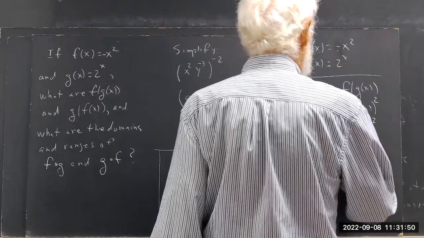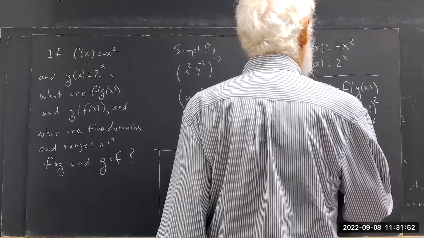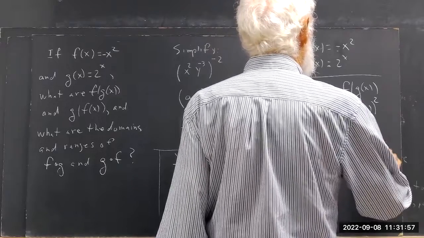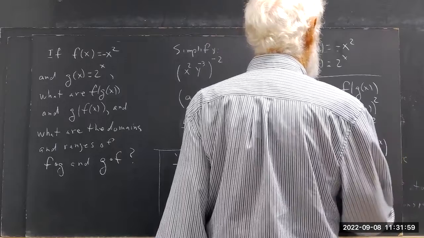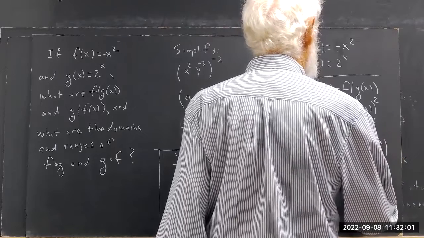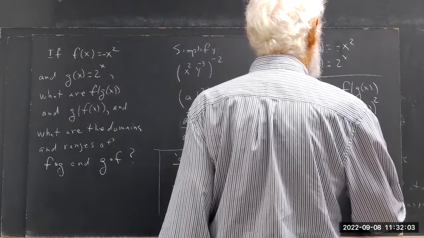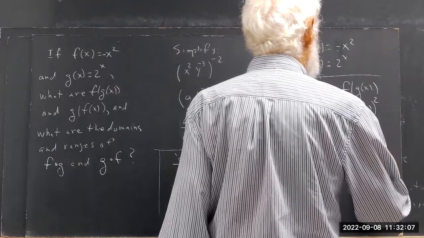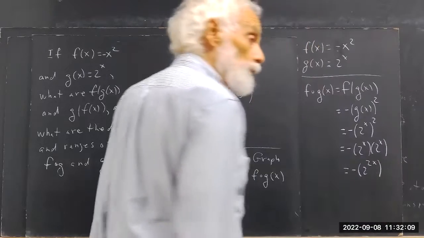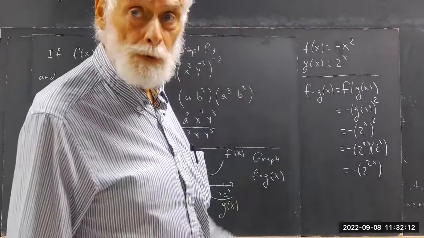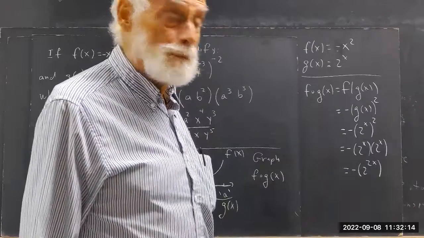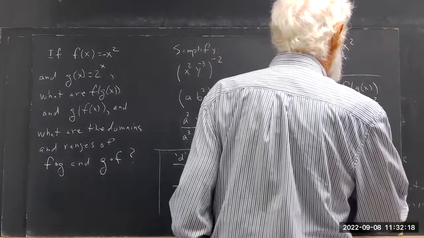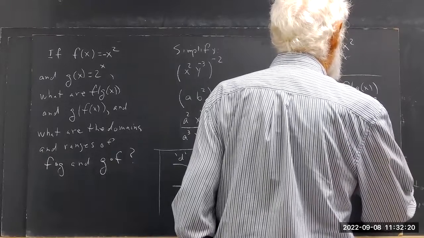And of course, what this means is a negative of 2 to the x times 2 to the x, and 2 to the x times 2 to the x, using a rule that you do know from your assignment, is 2 to the 2x. 2 to the x plus x. Let's write it that way, just to make sure that we really see it: 2 to the x plus x.